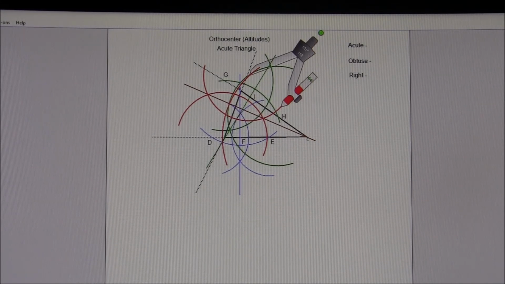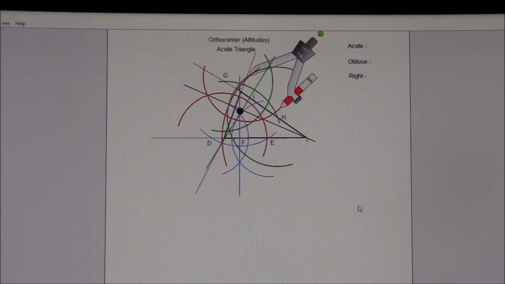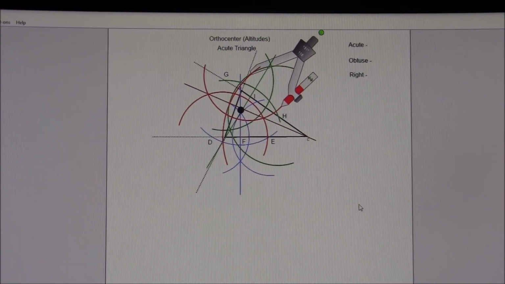Okay, so let me make a circle a little bit bigger so you can see where they meet. Right there. That's the orthocenter. Okay. Alright. This was the last of the constructions in Chapter 1. Wait to Chapter 2.